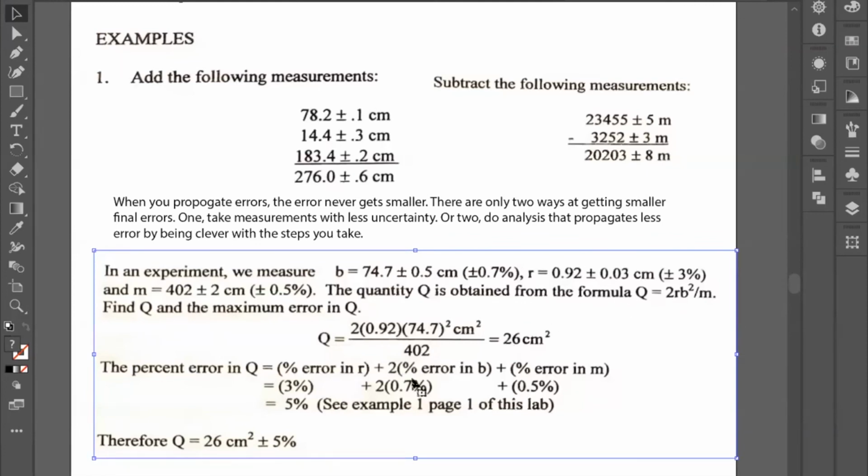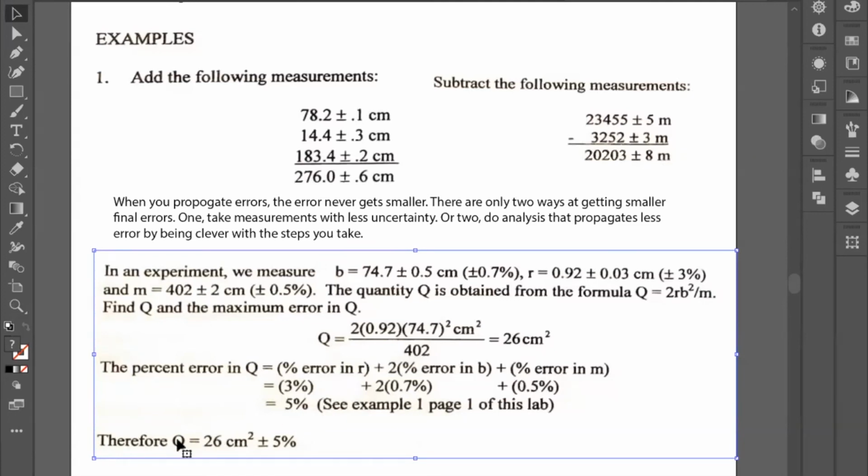All right. Okay. So there's actually 2 factors of b here because it's b squared. So we take 2 times the percent error in b plus the percent error in m. Even though we're dividing by it, we still add the percent error. And so we get 3 plus 2 times 0.7 plus 0.5 to give you 5%.